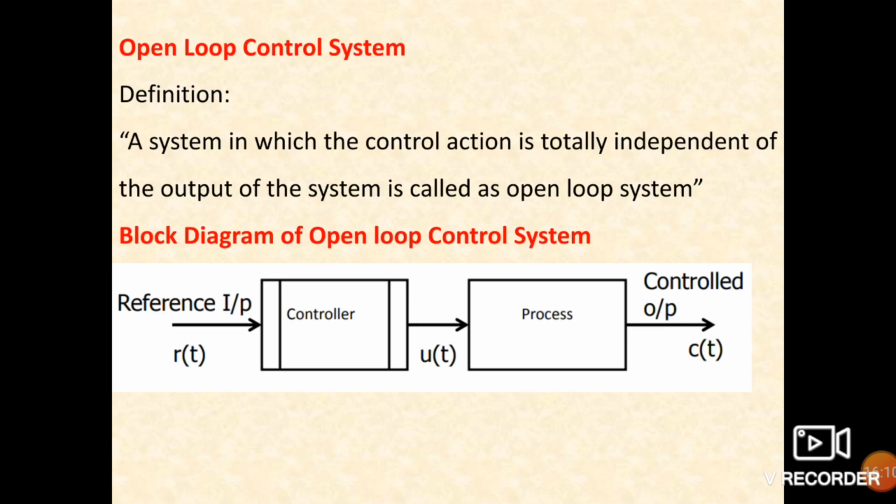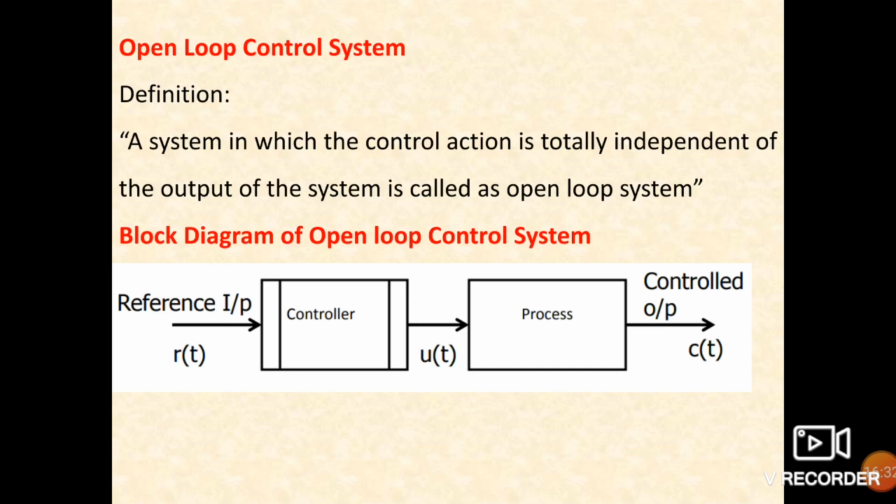So what do we mean by an open loop control system? It is a system in which the control action is totally independent of the output of the system. So in an open loop system there is no control of the output of the system.